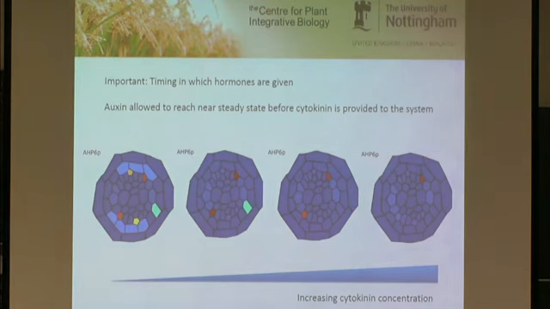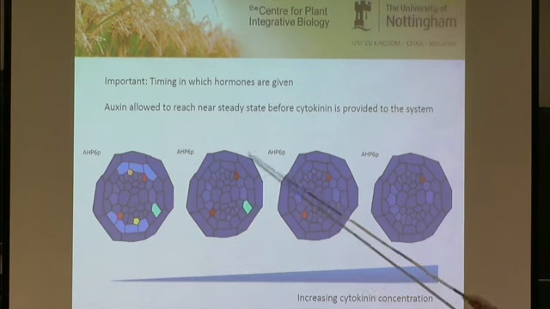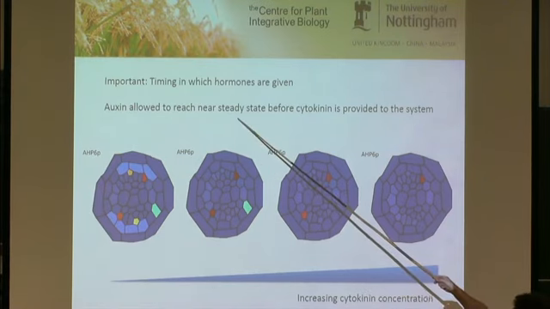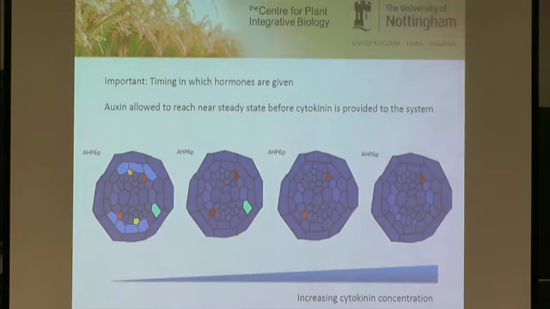So one way of getting things to be more robust is to use timing. Again, I think there's limited experimental evidence that makes sense of this: that the cytokinin response is slower than the auxin one. So we switch on the auxin response and drive that to steady state, and then ramp up the level of cytokinin. This is, if you like, the time course.